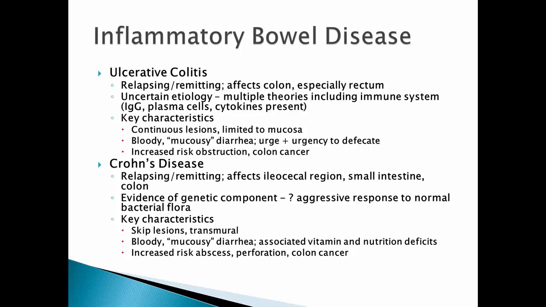Ulcerative colitis perhaps a bit more than Crohn's, but two things that we look for are arthritis and uveitis and iritis in these individuals as well. So these are disorders outside the GI tract that have been associated with UC and Crohn's disease.